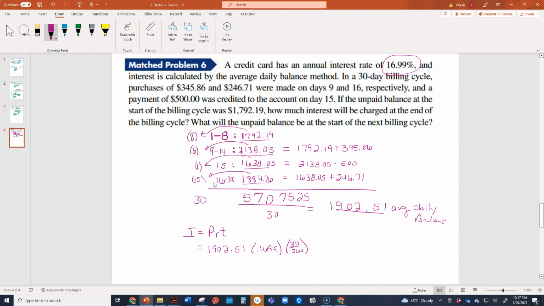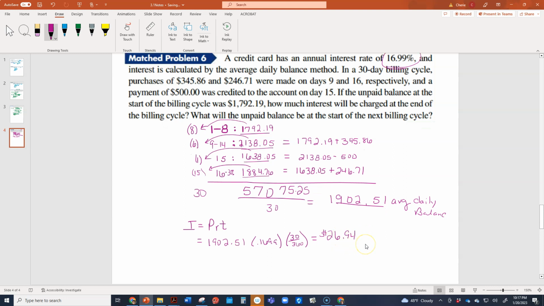That must be the one that gave me a repeated decimal. Do that multiplication, and you get $26.94. So I now have to pay the credit card company $26.94 for the use of the card.